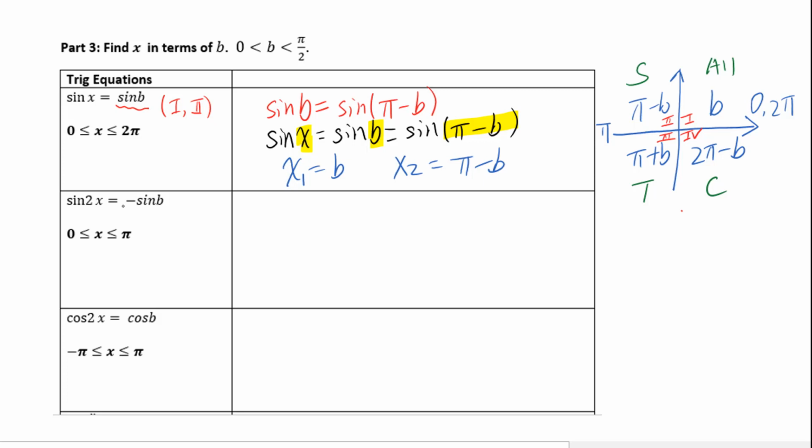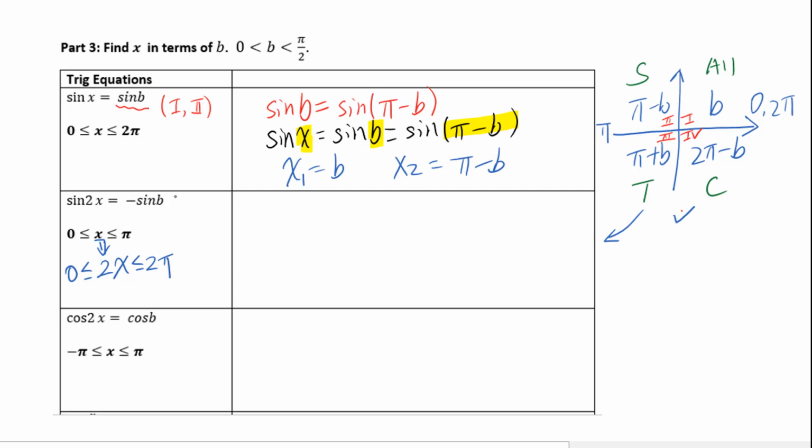For sin 2x equals negative sin b, this is x, we will change into 2x. It will be between 0 and 2 pi. So we still use this diagram for this question.